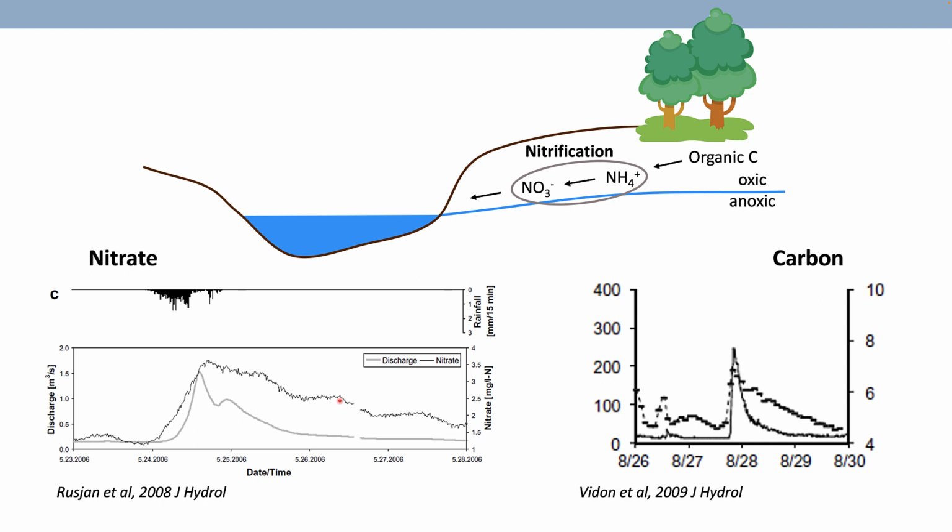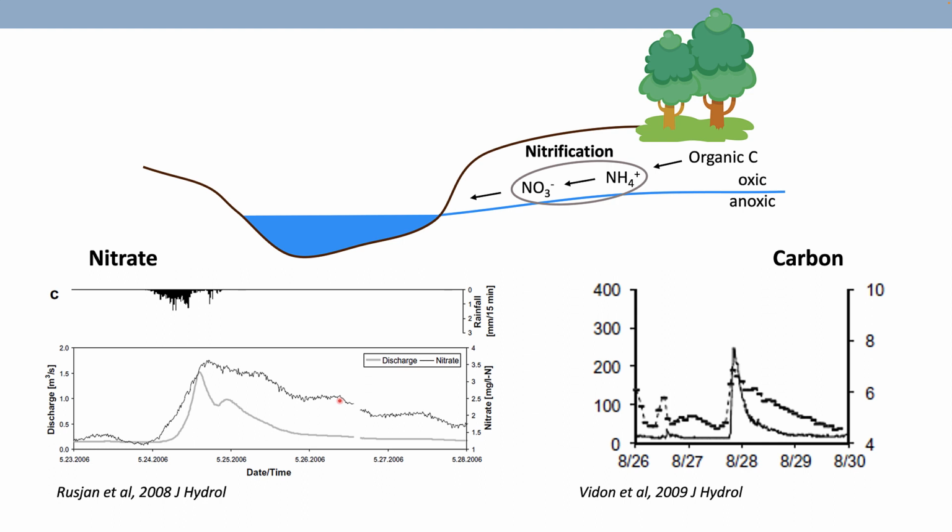Now, this is really common in some places, not all, but in many cases you can see these kinds of patterns where we have elevated nitrate as nitrification creates the nitrate, and then the stream flow rises in response to rainfall, mobilizing nitrate through that shallow subsurface.